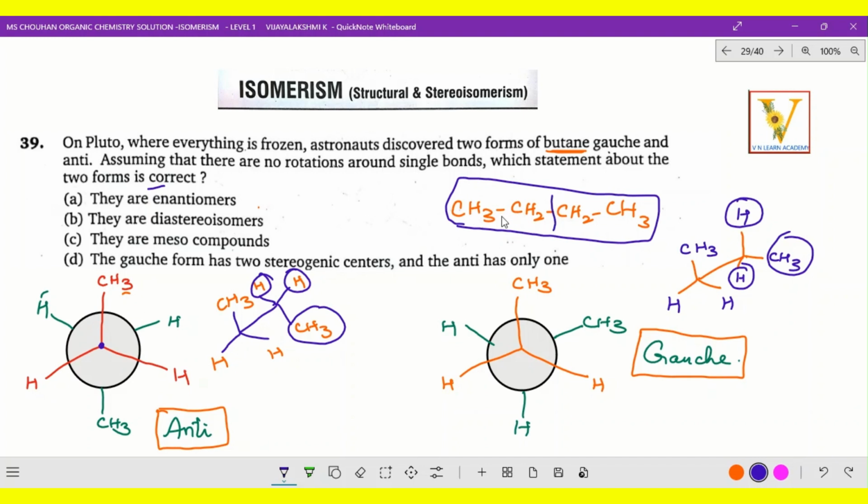And on the next carbon, CH3 is opposite; anti means just to the opposite. So there is not much repulsion, minimum repulsion will be there. So this is anti. Gauche, just one rotation from anti.